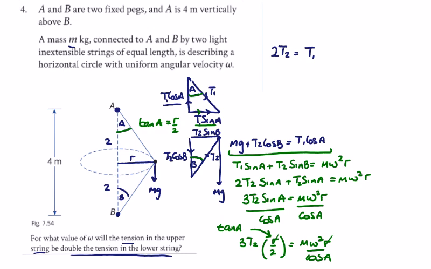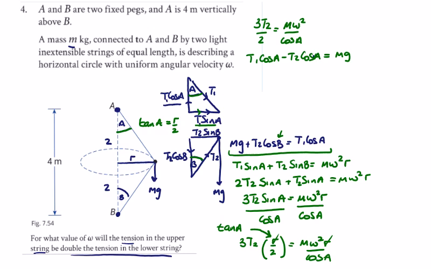So I'm going to come up to the space where I have some room up the top. I have 3T2 over 2 is equal to m omega squared over cos A. So I need to tidy up for cos A here, and knowing that A is equal to B here, I'm going to have T1 cos A minus T2 cos A is equal to mg.